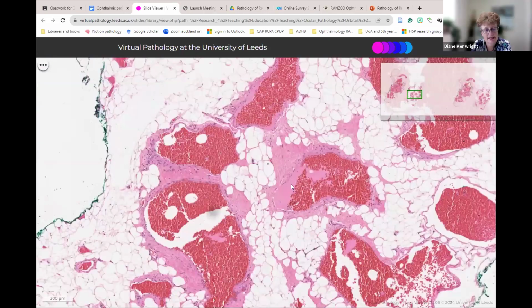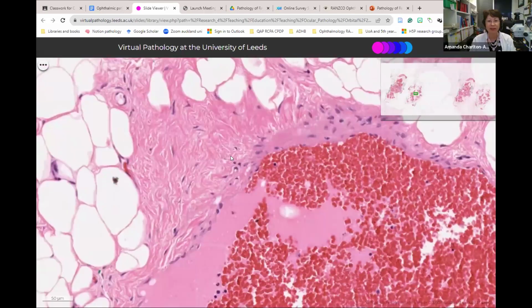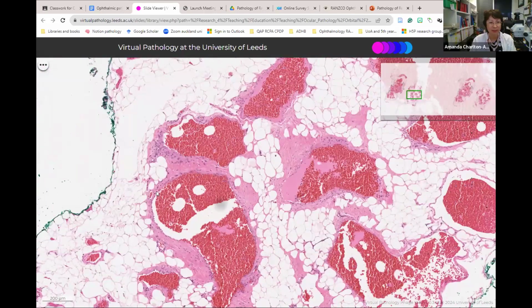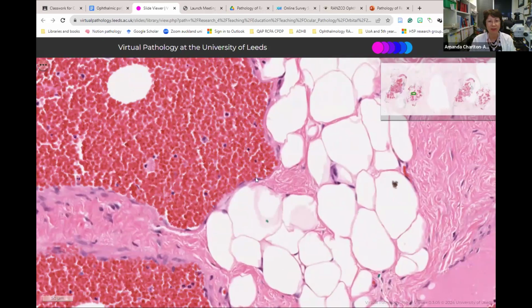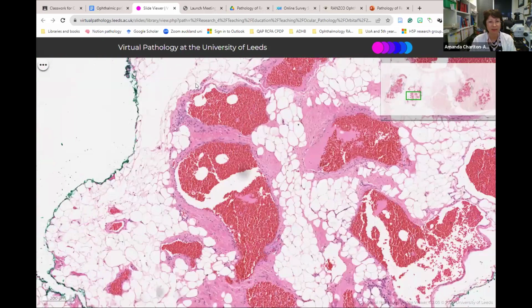Normally in a vessel that big you should have a good amount of smooth muscle around it, but these look odd: some thickening there, but on this side it's only one cell thick. So it could be an AV malformation, because they have a range of vessels of different sizes and shapes.